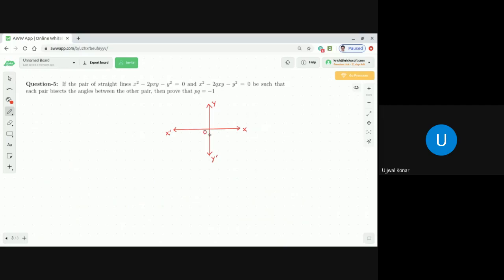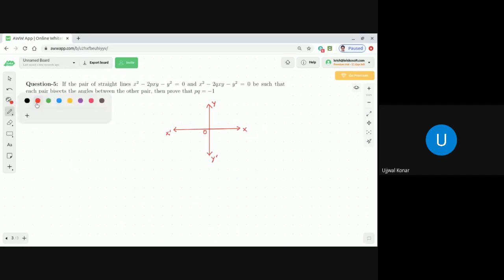This is origin. Okay. So now let's consider that pair of straight lines x² − 2pxy − y² = 0. Obviously, as this is a homogeneous equation, it represents a pair of straight lines passing through the origin.